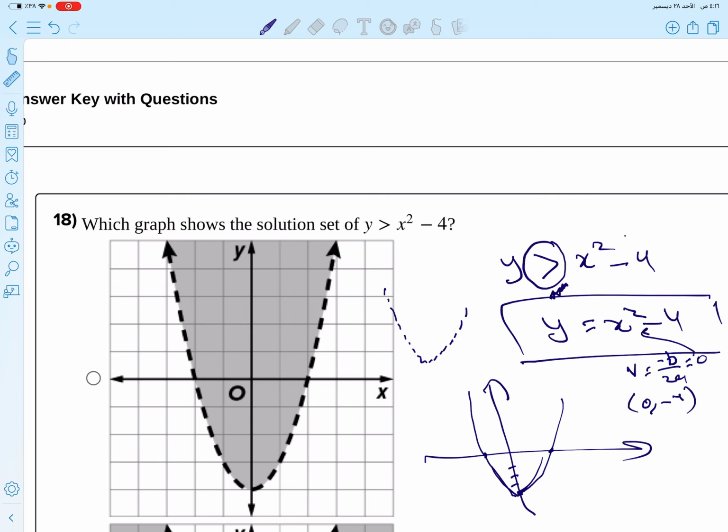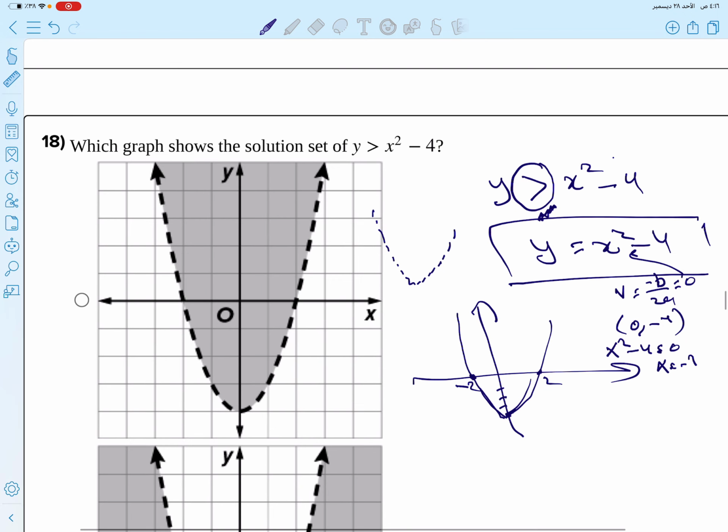Perhaps we need the x-intercepts. Look, x squared minus 4 equals 0, so x equals negative 2 and x equals positive 2. Here 2, here negative 2. Now I need the solution here, so I need the test point. Always I use the point (0, 0) because it is easier to use in the inequality.